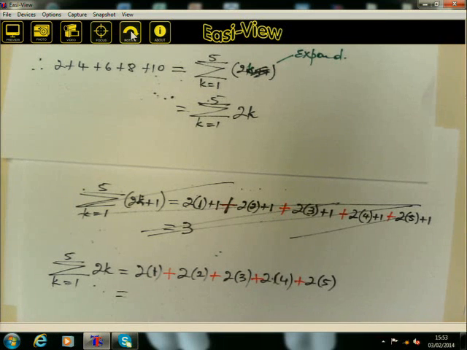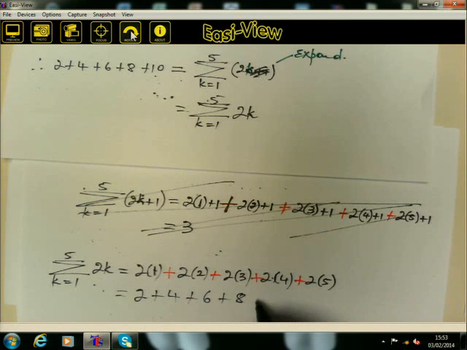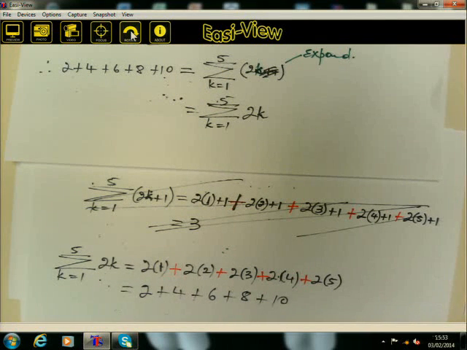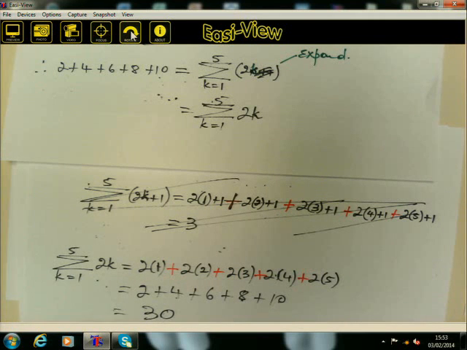So this is going to be 2 added to 4 added to 6 added to 8, and then you add that to 10. So this gives us 6, this is 10, 20, 30. If we add it very well, this gives us 6, this gives us 12, this will give us 20 plus 10. It will be 30. So the sum will be equal to 30.